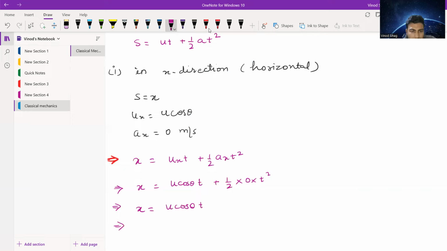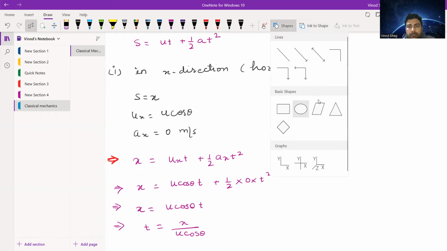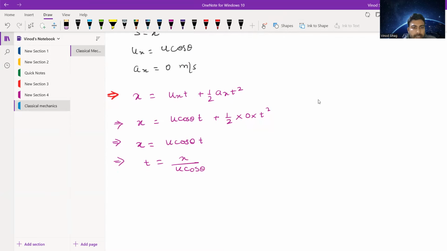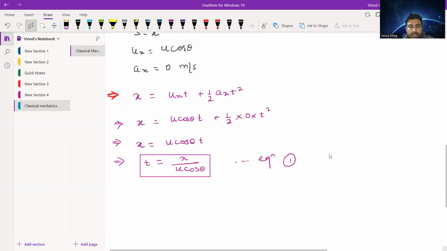From here, we will find the expression for time t, that is x upon u cos theta. Okay. Now we will name this equation as equation number 1, because we are going to use this equation in the next section.